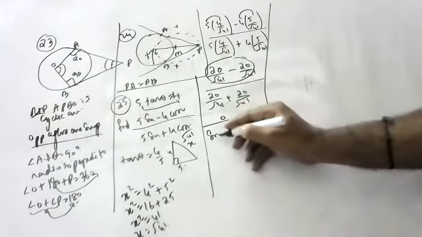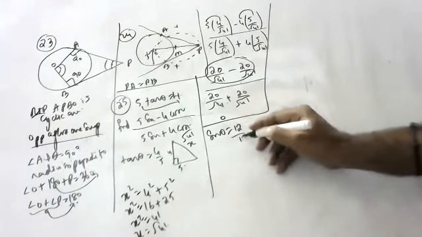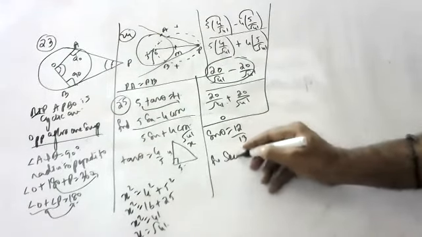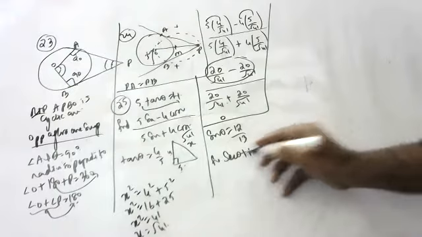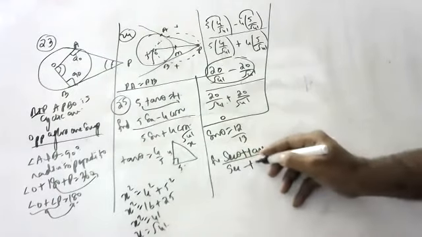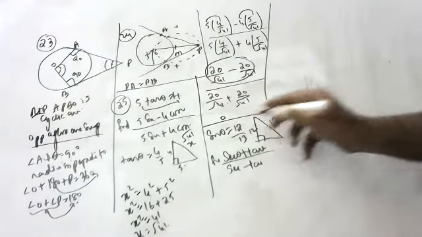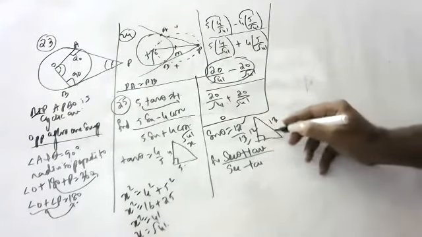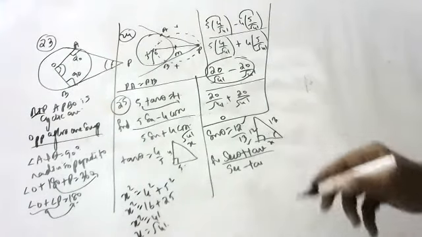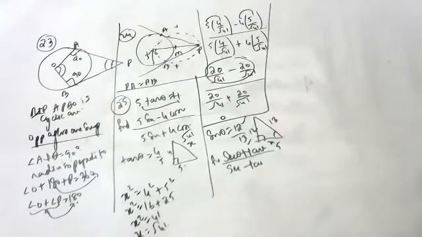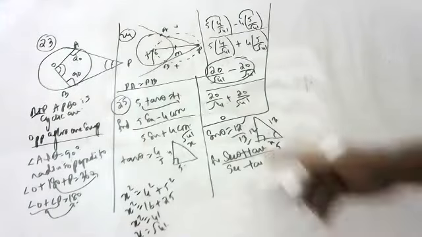They said that sin theta is equal to 12 by 13. Find (secant theta plus tan theta) by (secant theta minus tan theta). Children, sin theta is 12 by 13, opposite by hypotenuse. If you apply Pythagoras theorem, this will come how much, children? 5. What is secant theta?